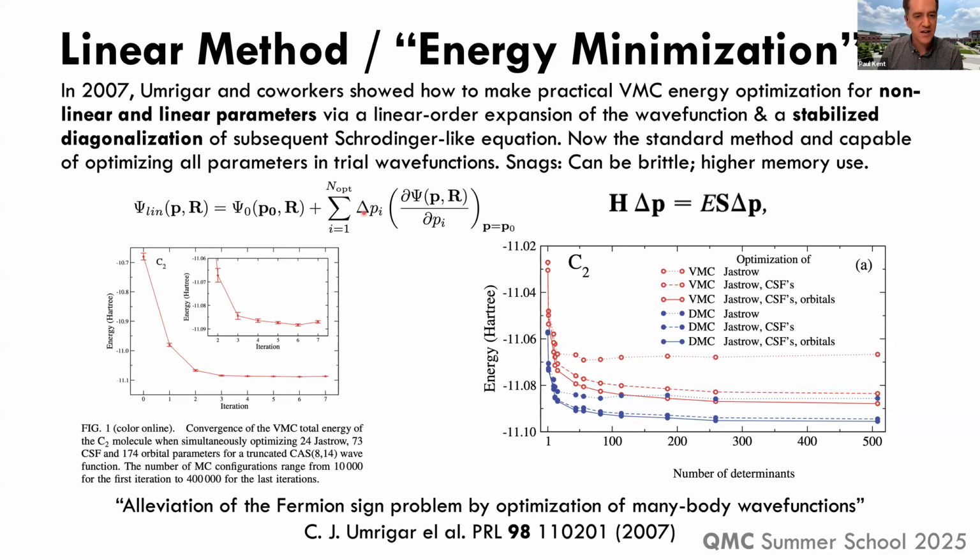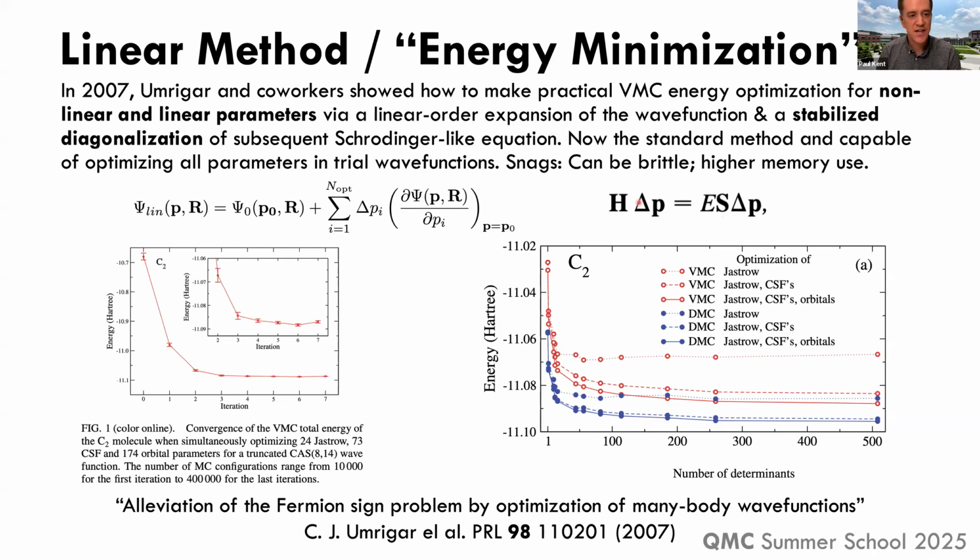So far we haven't done anything. But then the realization is, you can write down something very much like a Schrodinger-like equation, very similar to the generalized Hartree-Fock or SCF equations you might see in quantum chemistry, and solve that for the lowest eigenstate to get the more optimum changes in parameters, and then feed that into an updated wave function.